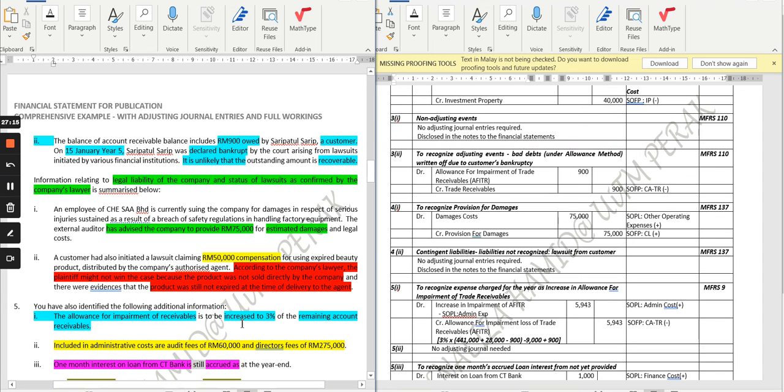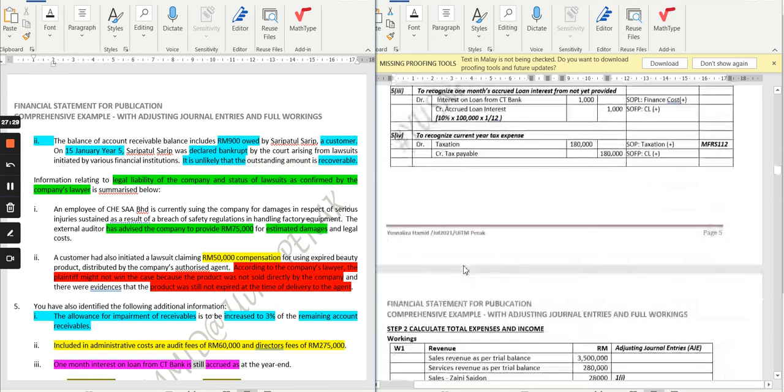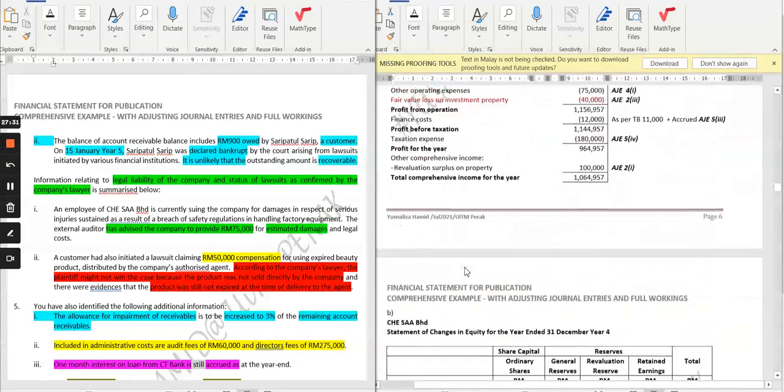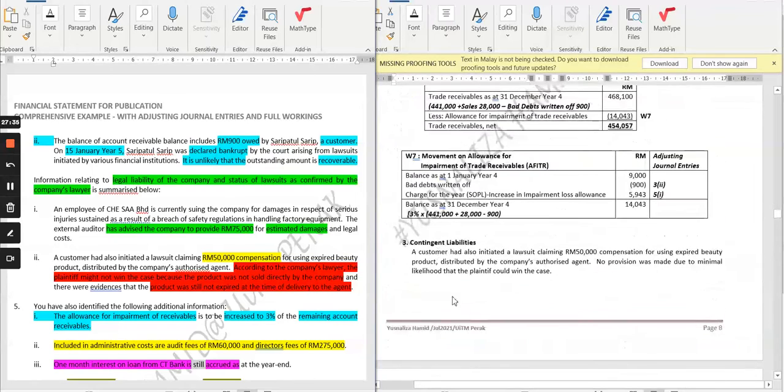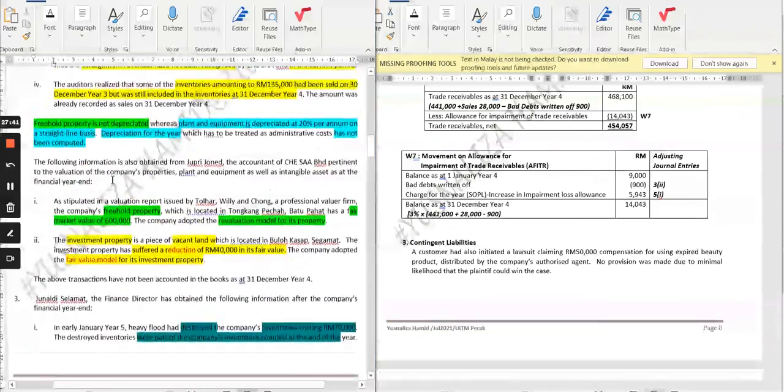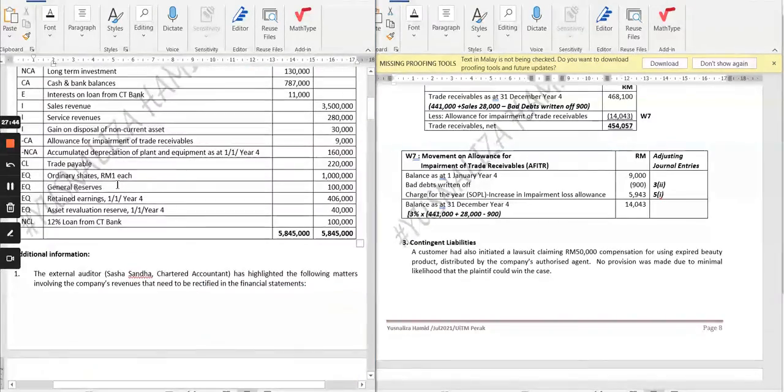Allowance for impairment of receivables is to be increased to 3% of the remaining accounts receivable. So this will need you to recall your knowledge from FAR210 regarding the movement of allowance. I've done this at the bottom, the last part of the question. What you need to do is find out the balance of the allowance at the beginning of the year. That was given in the question here, 9,000.